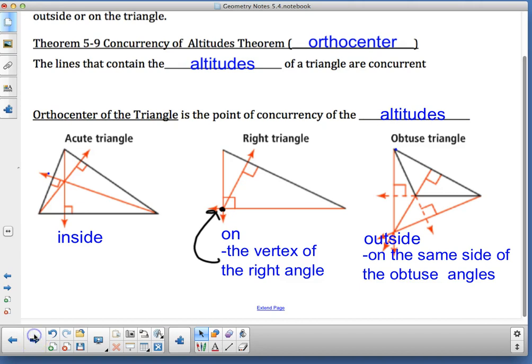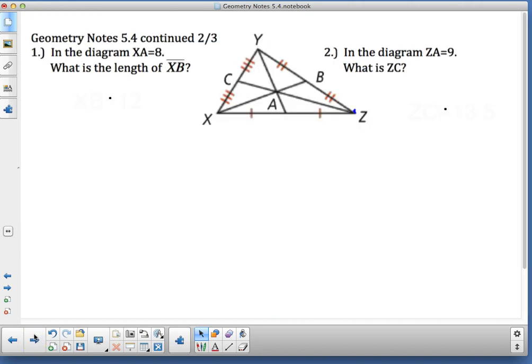All right, so here we go. You ready? In the diagram, XA is equal to 8. What's the length of XB? Go. Remember, 3 friends: XA is 2 shares, and XB is the total of 3 shares. How long is XB?